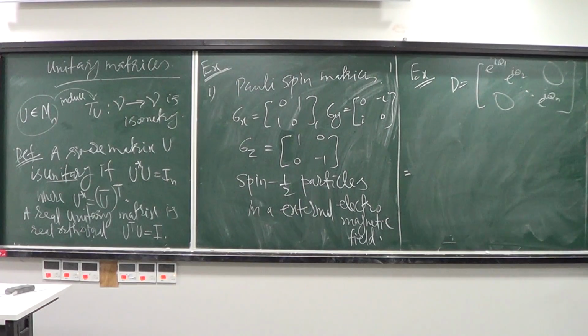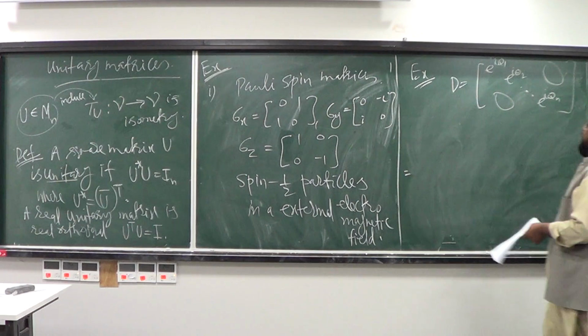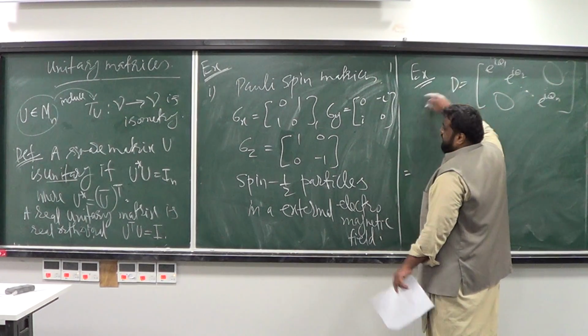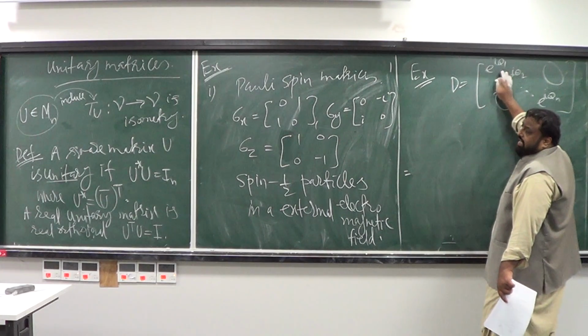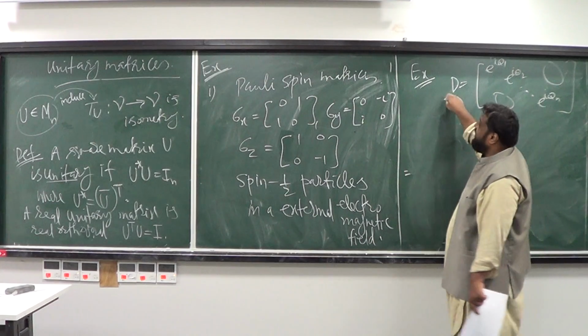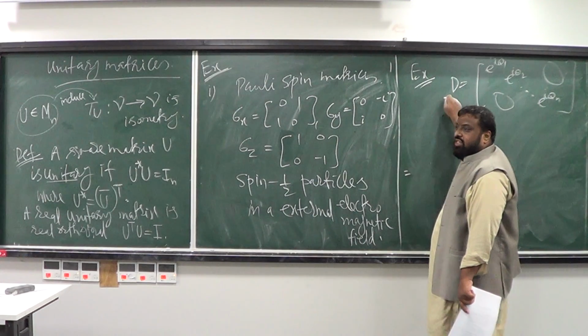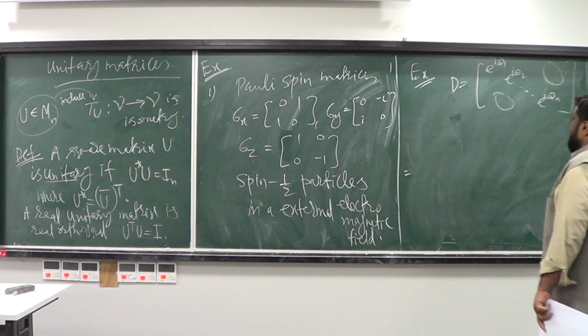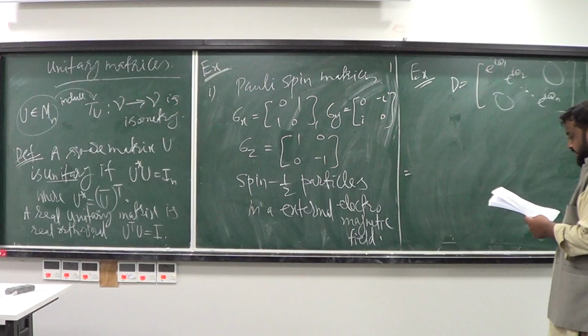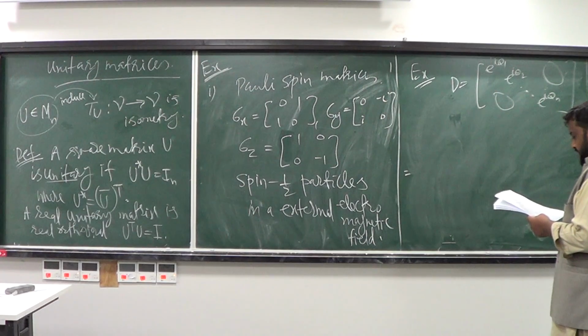You can verify that these matrices are also unitary, because if you compute its conjugate of each term, then transpose it and multiply it with D itself, you are going to get an identity matrix. So that's another example of a unitary matrix.